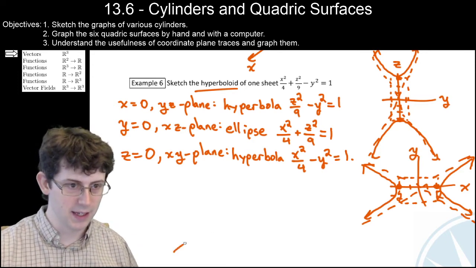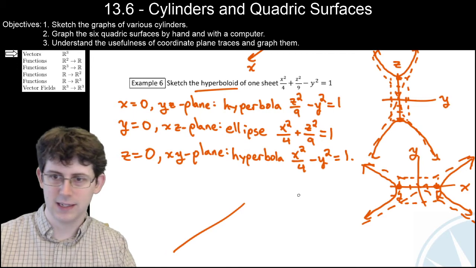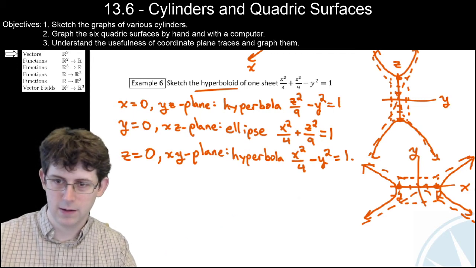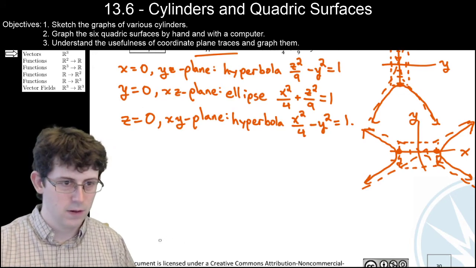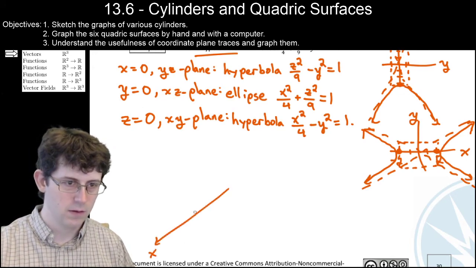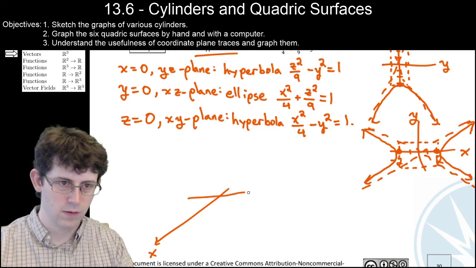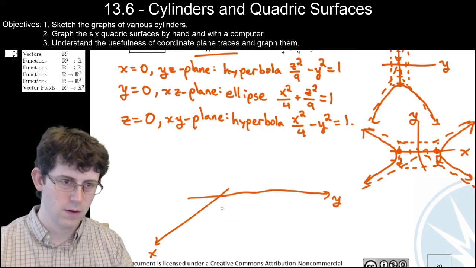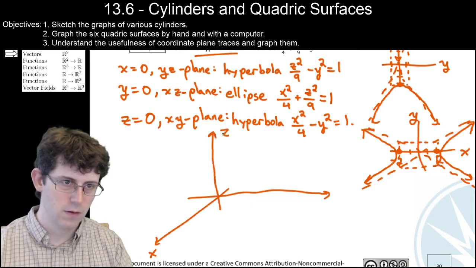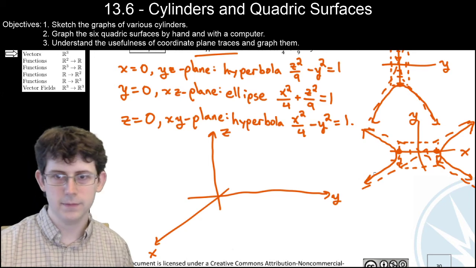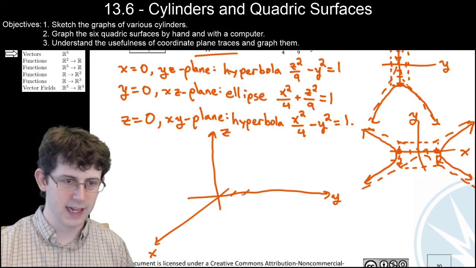So let's try to put it all together. I kind of want more space than this. Do I get more space? Ooh, I do. Okay, so in the xy plane, I'll just draw that first because it's flat on the ground.